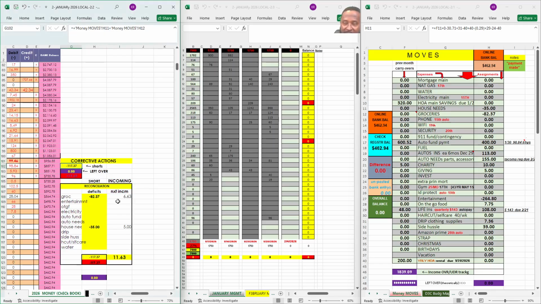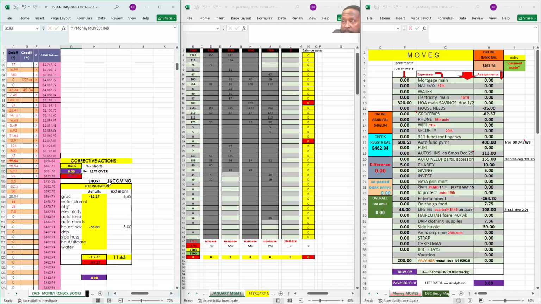I'm going to do some checks and balances here. What am I short total? So what I do is I say on my keyboard plus over here on this amount plus this amount plus this amount, all those negative amounts. And when I hit enter, it's going to show that the cells that I'm referencing from my moves spreadsheet are going to populate in this particular cell on my money spreadsheet.